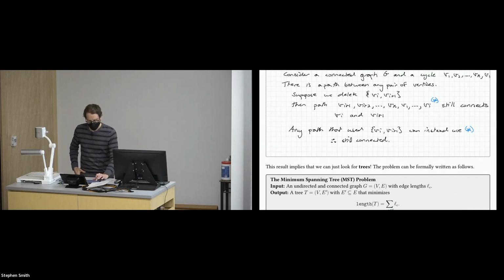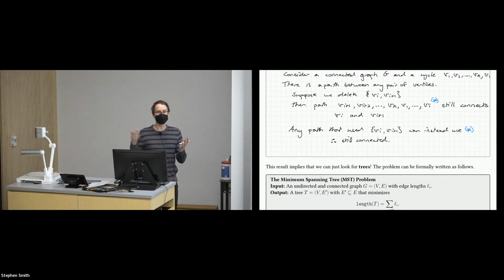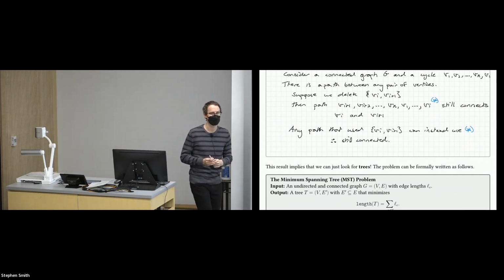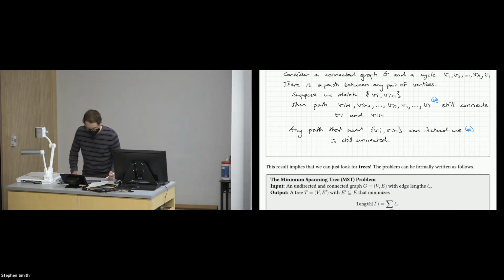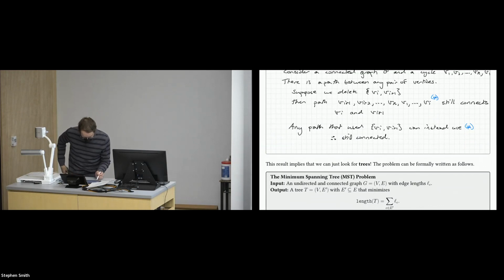So this result implies that we can just look for trees. That's the name, the minimum spanning tree problem, right? It's that a solution will be a tree for this problem. And so the problem looks like this. Your input is a graph G along with edge lengths that should be non-negative, greater than or equal to 0.